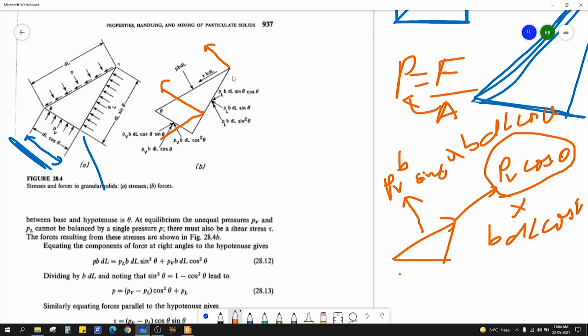So these corresponding angles, this will be theta, right? This will be theta. No, no, this is your 90-degree direction. The pressure is not in this direction. Pressure is in this direction actually.